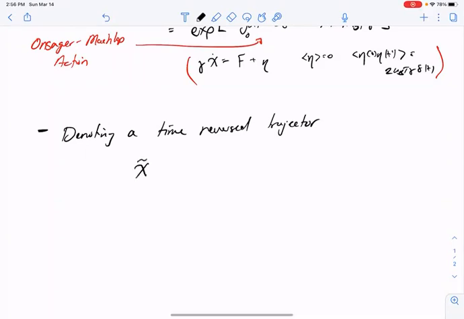We called that x tilde of t. What we really meant by that was the arrangements of those configurations now in the opposite order. So instead of going from x of 0 to x of delta t, we're imagining going from x of delta t to x of 0.